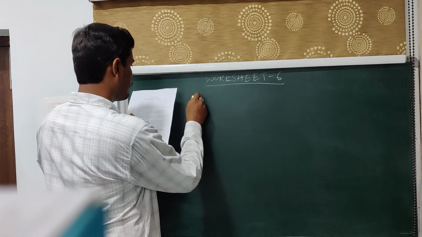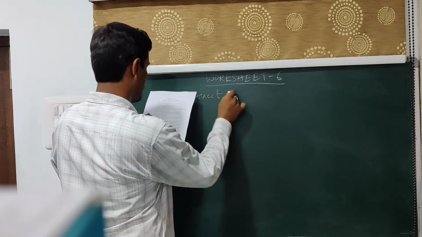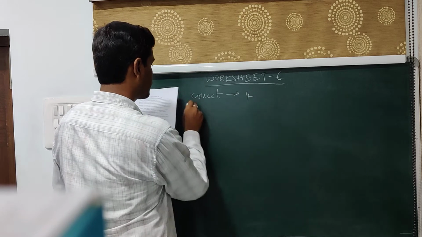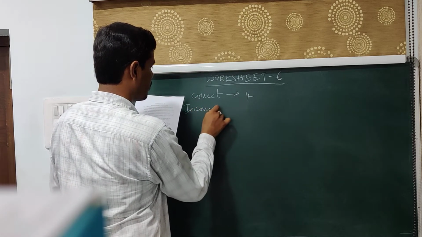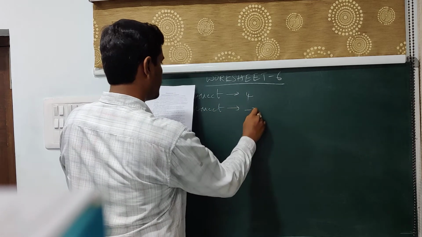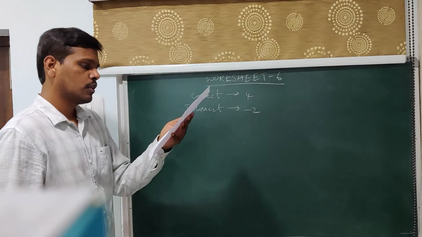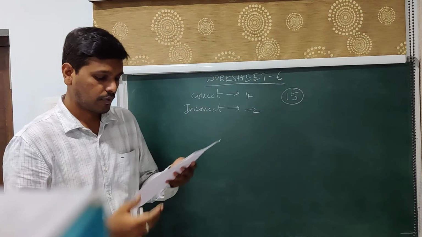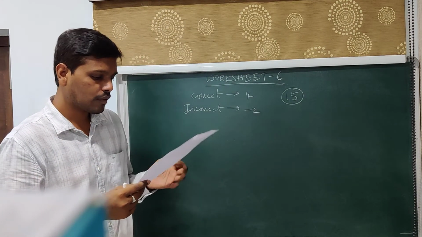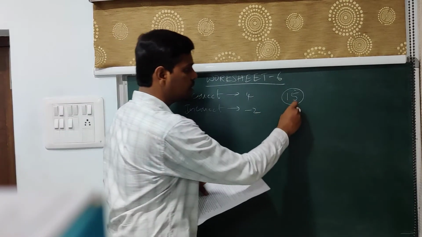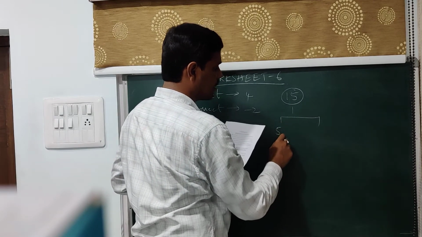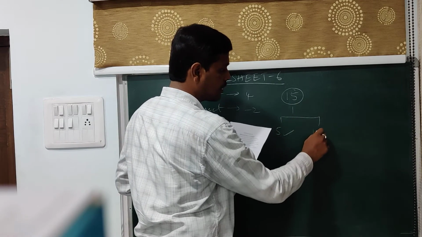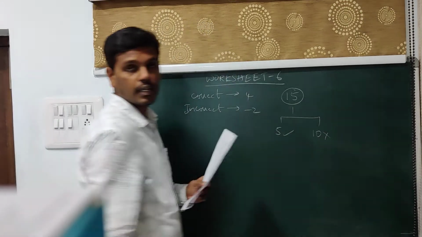So for every correct answer, they are getting 4 marks. For an incorrect answer, they are getting minus 2 marks. So the total number of questions is 15, and Hema answered only 5 questions correct. So out of 15 she answered 5 questions correct, therefore the remaining 10 questions she has attempted incorrect.